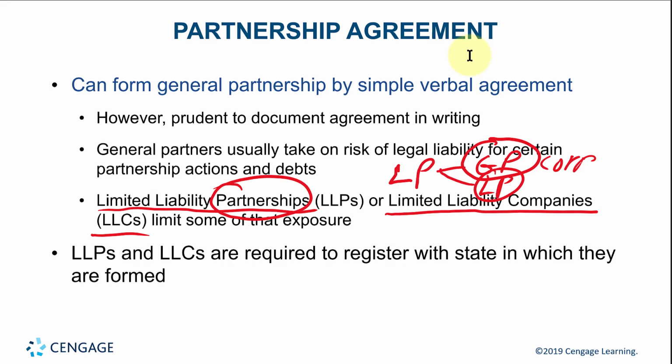Okay, you're only liable for your own and the general business liability. So again, certain types of businesses, generally professionals like doctors and lawyers and accountants, cannot use an LLC, but may be able to use an LLP instead.